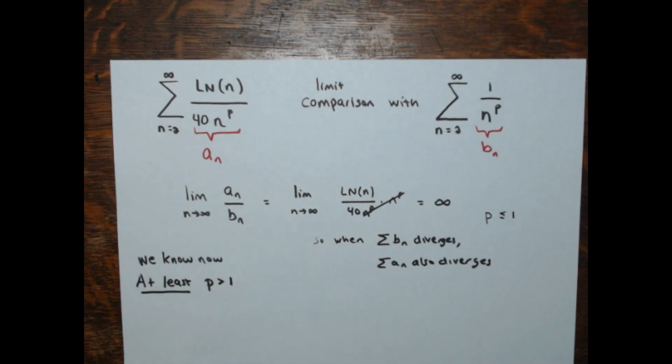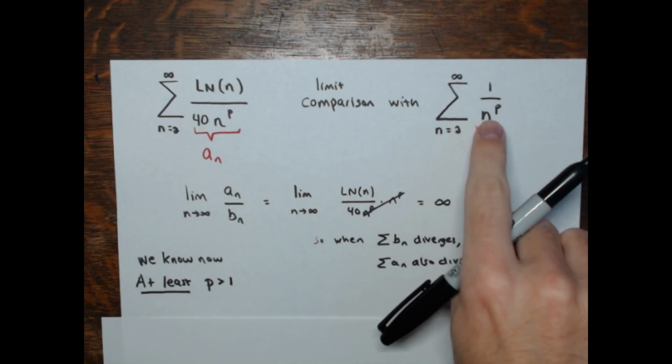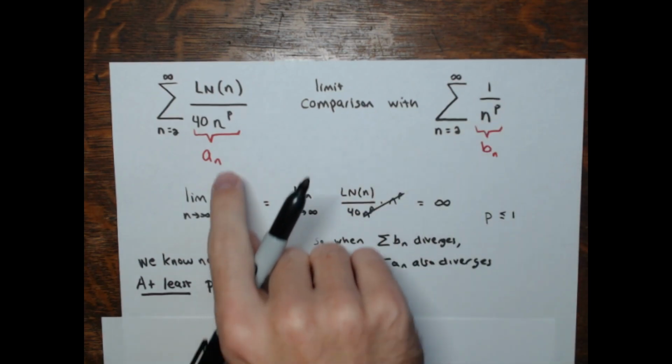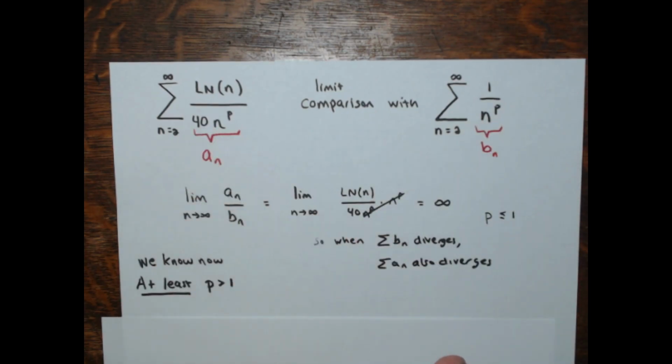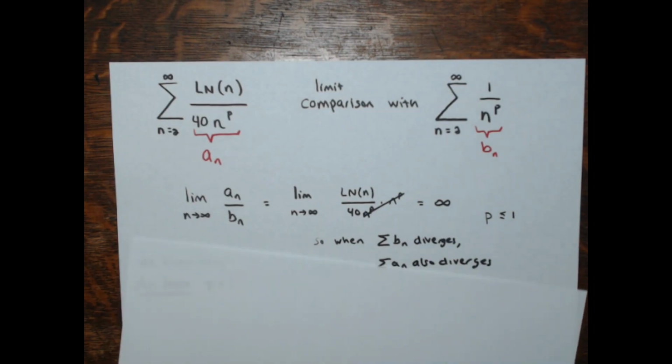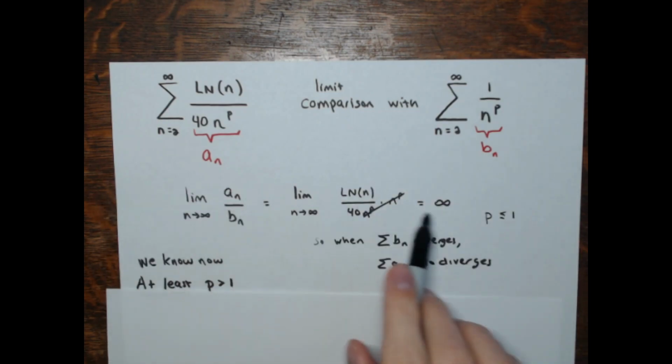Maybe a direct comparison wouldn't be terrible. So from the limit comparison with this p series, I know that p needs to be greater than 1. Now, does it have to be higher though? Again, I can't say anything from this limit here.